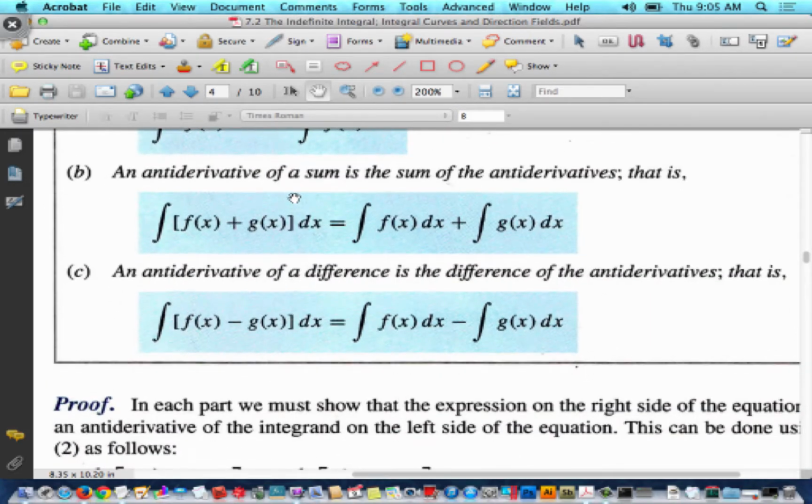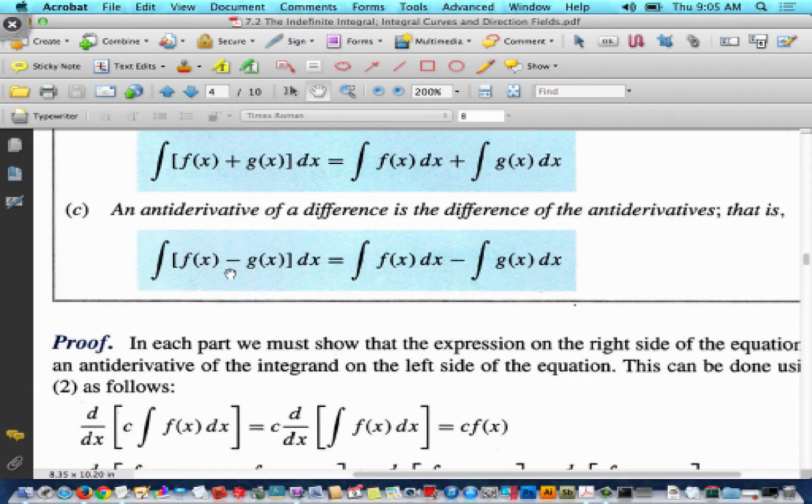Part B, if you have the integral of a sum, then you are allowed to rewrite that as the sum of two integrals. So the integral of f of x plus g of x is equal to the integral of f of x plus the integral of g of x.